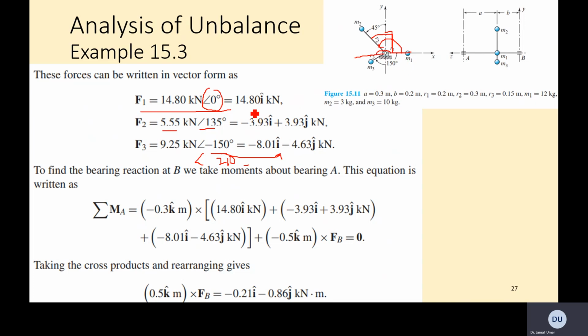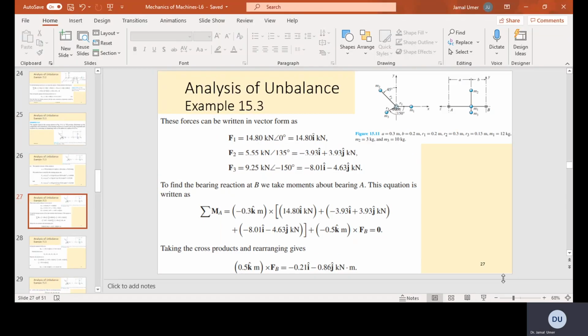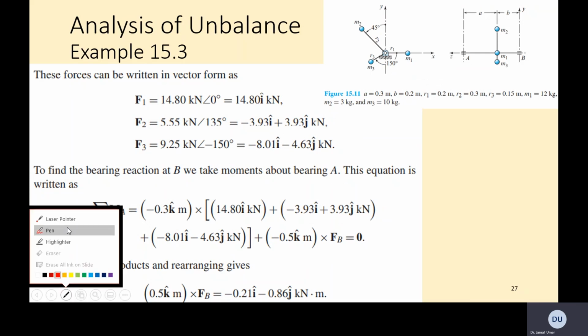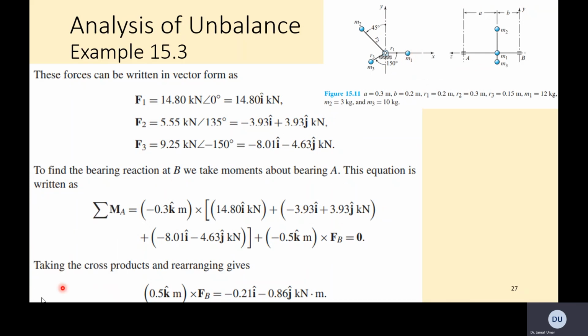So now here, this is positive 14.80, this is positive, so that's why it just has i. Then you've got this component i and j. Now you see j is positive. This M2 has one component in this direction and the second component in this direction.